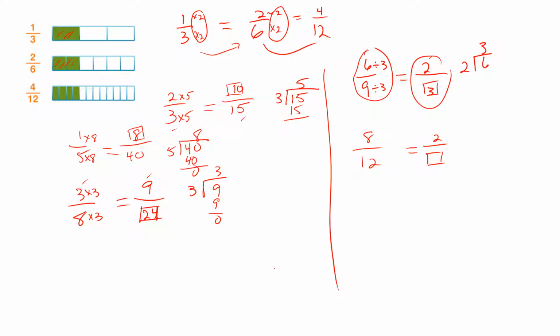So again, I know the two numerators, so I'm going to take the larger of the two, divide it by 2. 2 into 8 goes 4, right? So again, since I'm going from a larger to a smaller number, instead of multiplying by 4, I divided by 4. Since I divided the top by 4, I have to do the bottom. 12 divided by 4 is 3. So 8/12 and 2/3 are equivalent fractions.